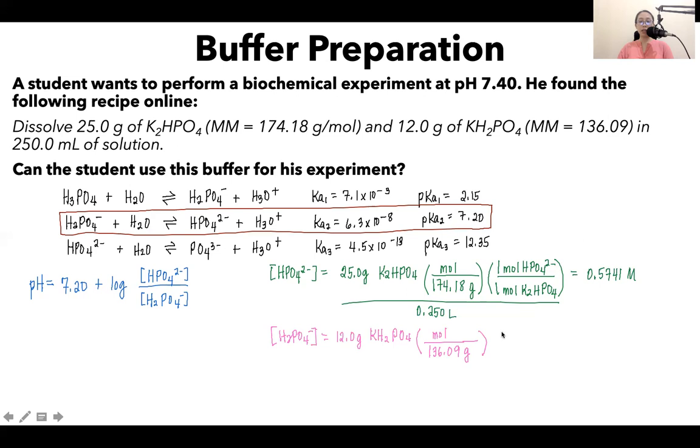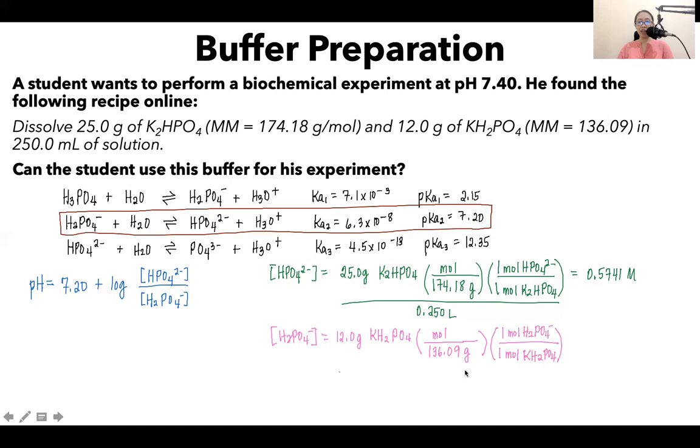And again, just to make this clear, we use a conversion from the moles of the reagent to the moles of our weak acid. In 1 mole of KH2PO4, you have 1 mole of dihydrogen phosphate.